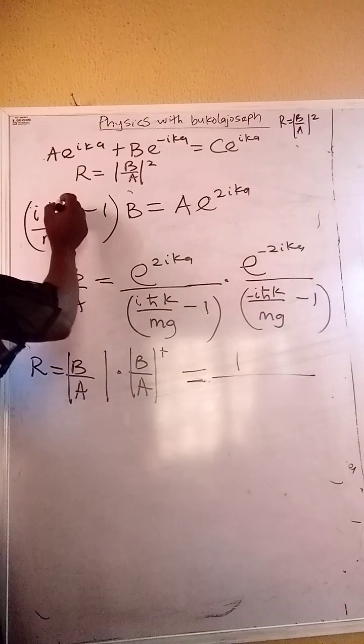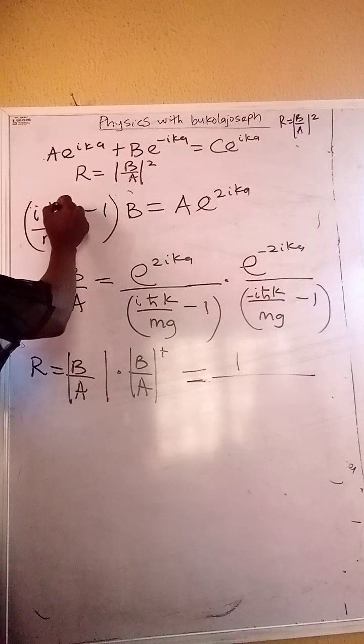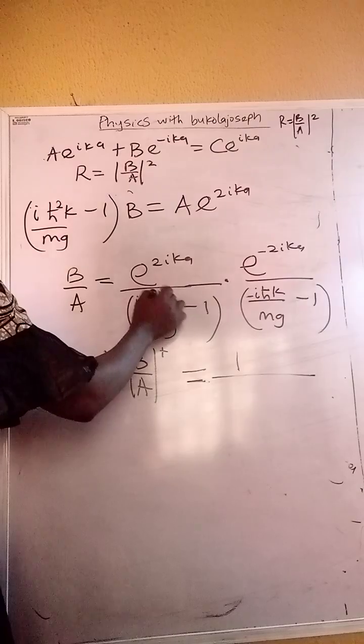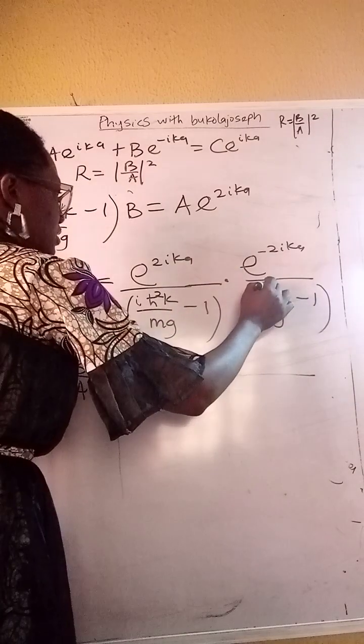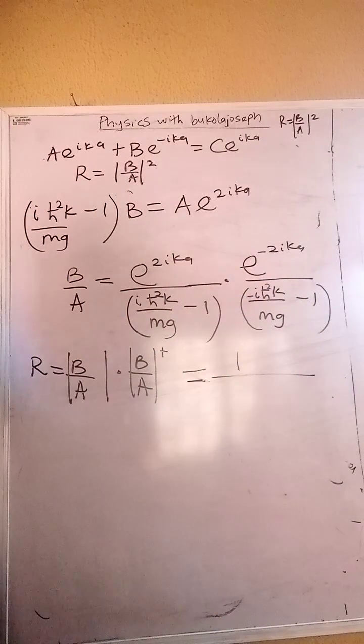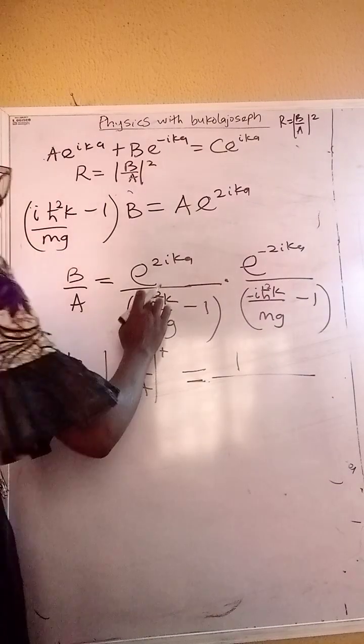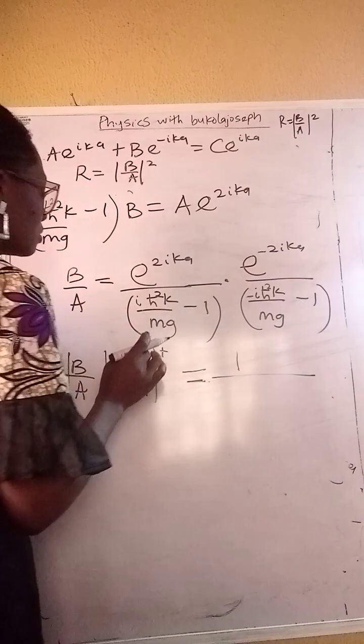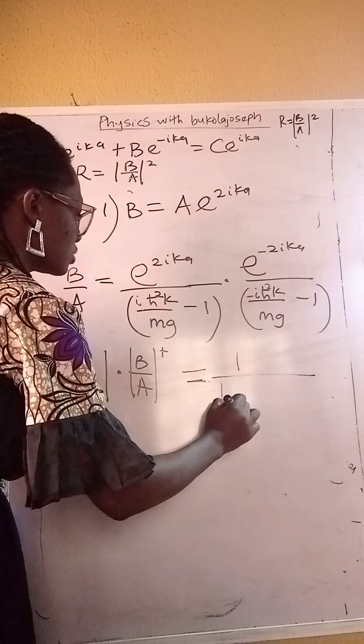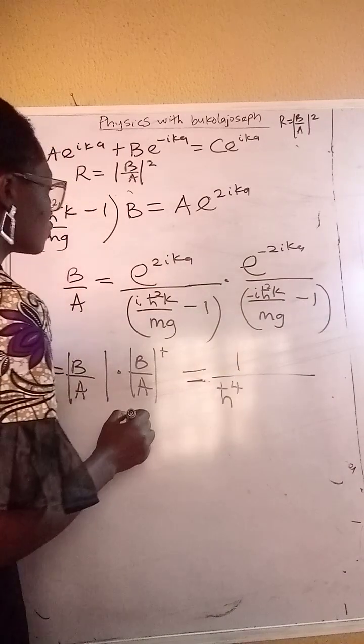Sorry, I missed something very important. I don't know how I missed it, but it's h cross squared, please. So h cross squared times this gives us h cross squared to the power 4.